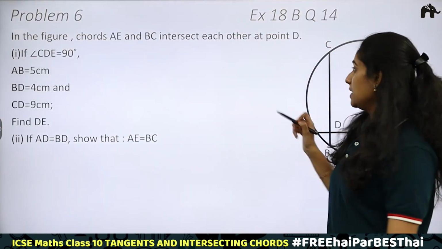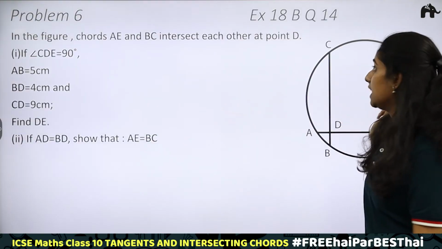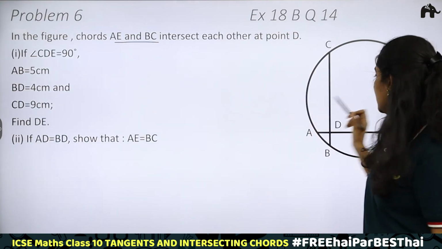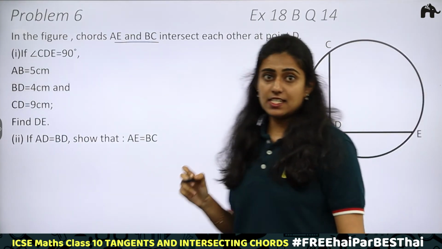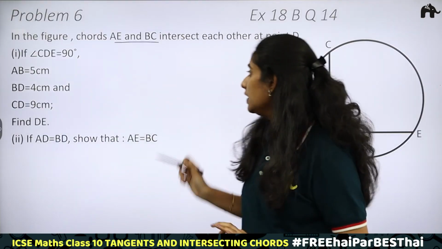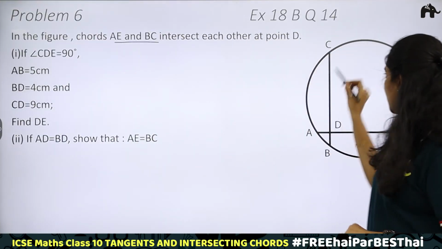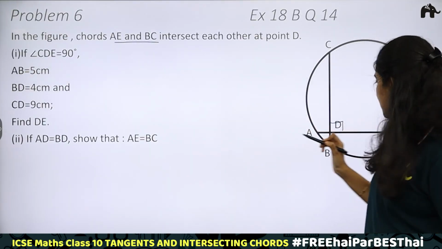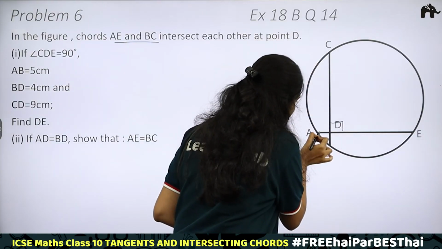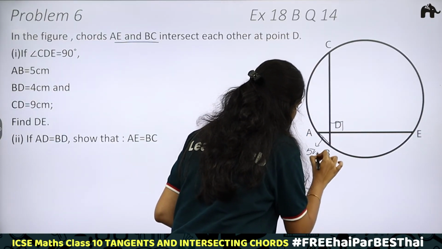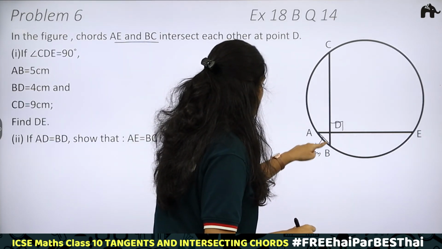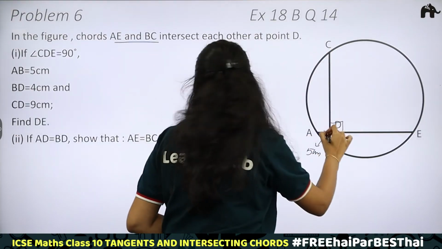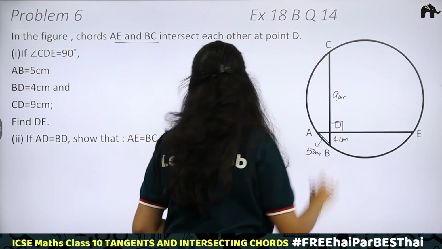Next, problem number 6, question 14 of exercise 18B. In the figure, chords AE and BC intersect each other at point D. If CDE, this angle, is 90 degrees, AB is equal to 5 centimeter, I am joining A and B, BD is 4 centimeter, and CD is 9 centimeter.